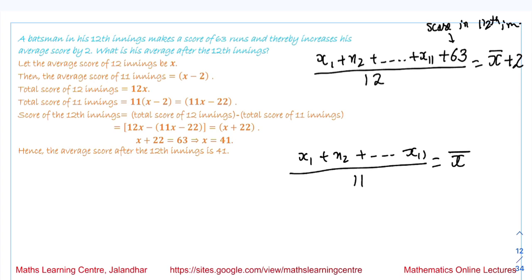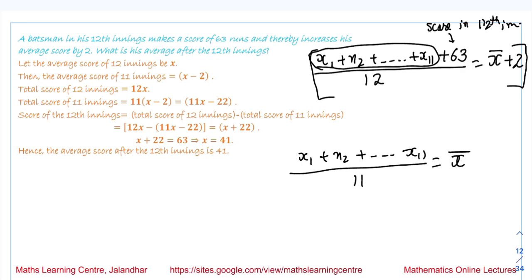So from this equation we can calculate the value of this term over here. What we want to calculate is his average score after the 12th inning, that is we want to calculate the value of x bar.